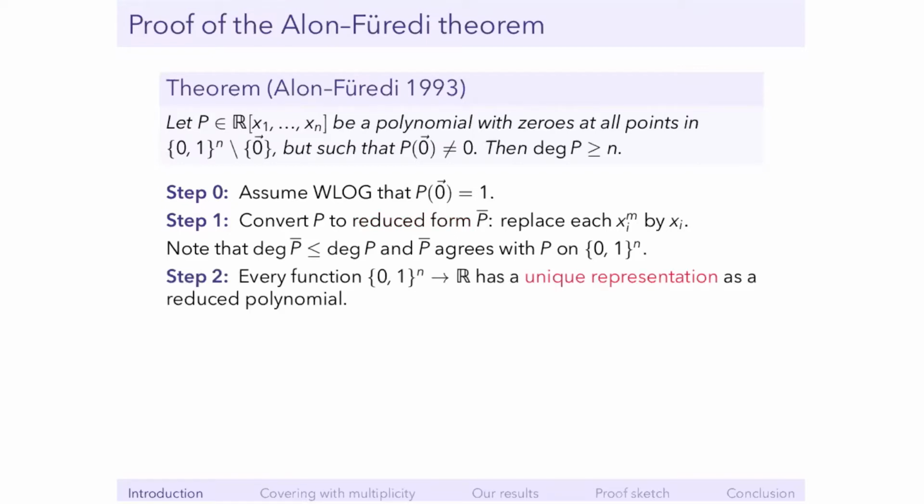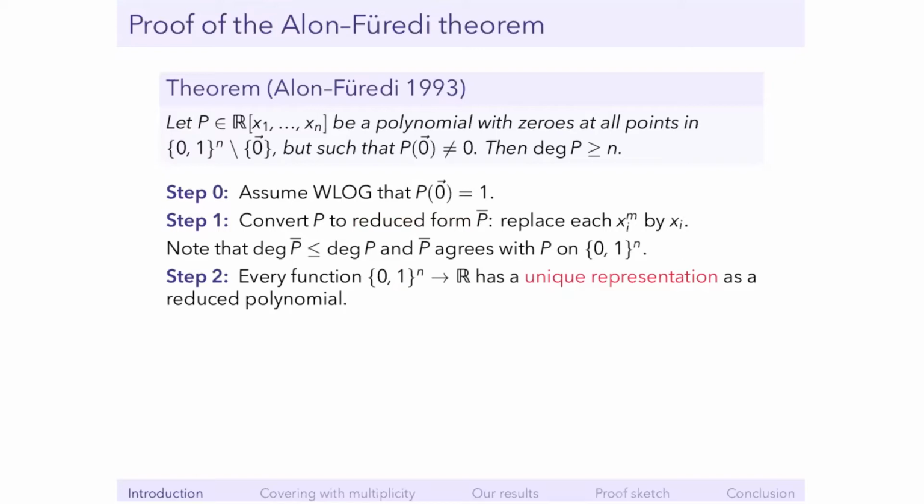The second step is just a fact in basically the analysis of Boolean functions, if you like. But the fact is that any function from the hypercube to the real numbers has a unique representation as a reduced polynomial. So if you do Boolean functions, you'll think of this as the Fourier transform on the hypercube, but it's just a basic fact.